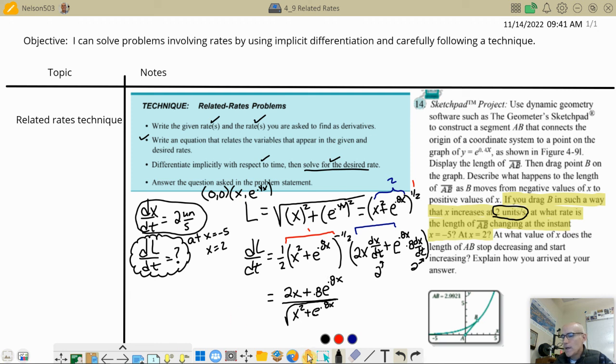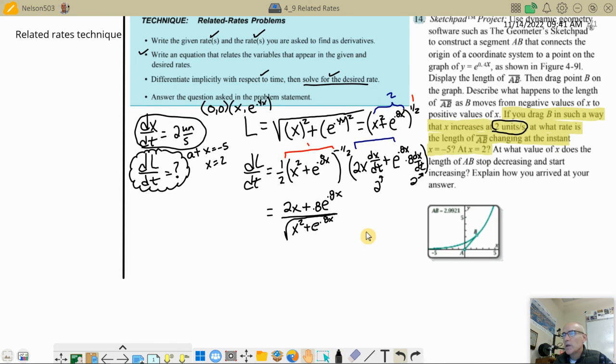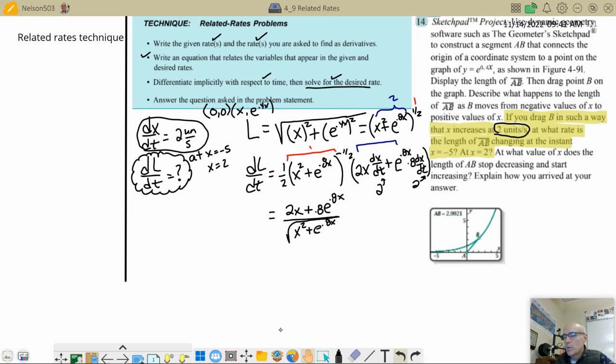All right, what's coming next? We're going to plug in our 2 different numbers at x equals -5. At x equals -5, dL/dt is equal to 2 times -5 plus 0.8 e to the 0.8 times -5, right?